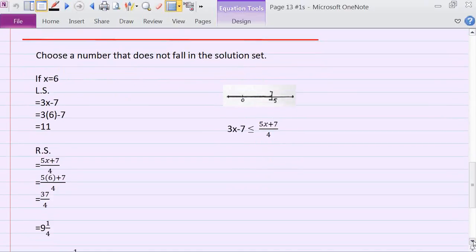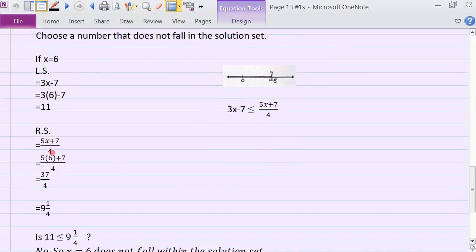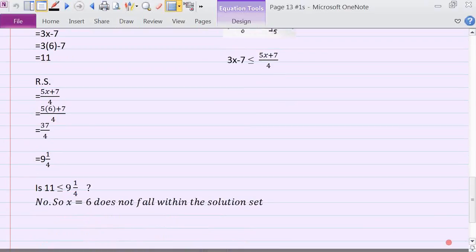Go to the right side and substitute x equals 6. 5 times 6 is 30. 30 plus 7 is 37 over 4. We divide 4 into 37, and I get 9 with a remainder of 1, so it's 9 1/4. So now we ask ourselves, substituting x equal 6 into this gives us 11.